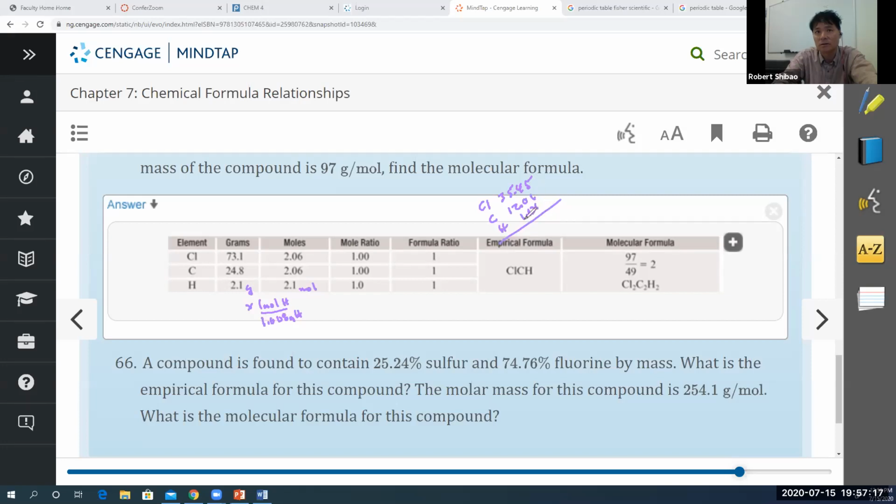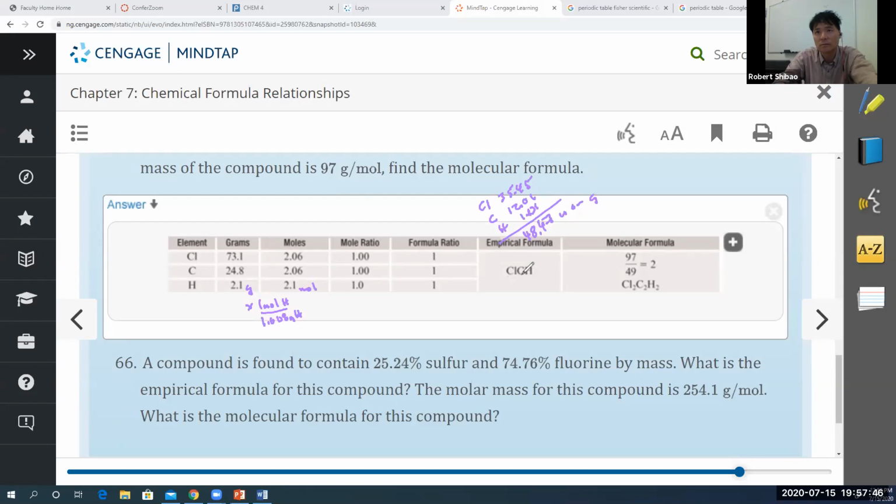Anyway, I've got to round it to 2 decimal places. So the empirical unit is 48.47 u per unit, or grams per mole of units.